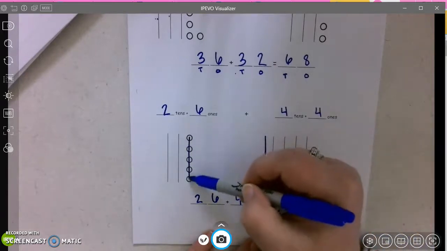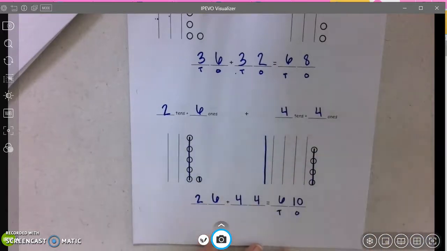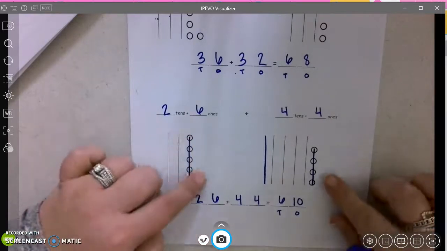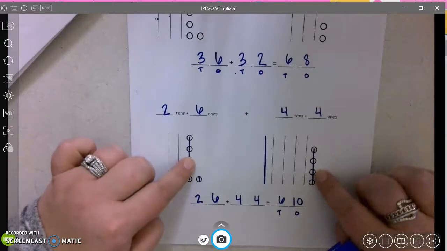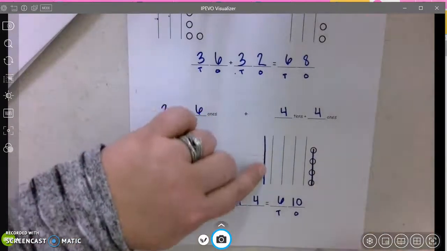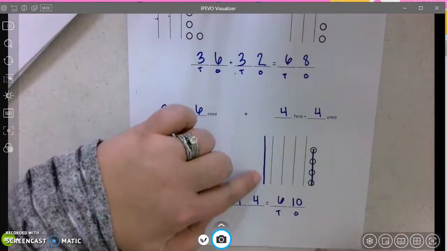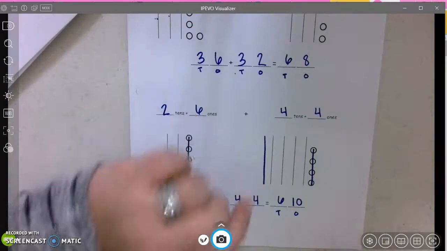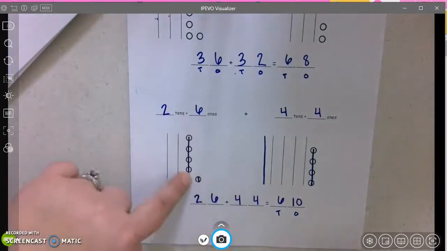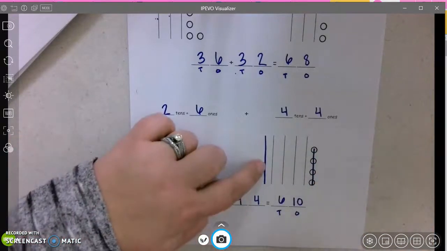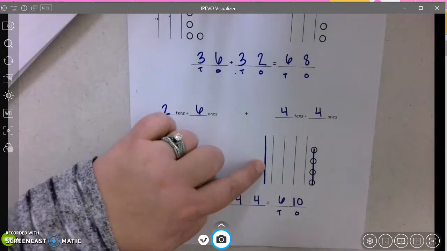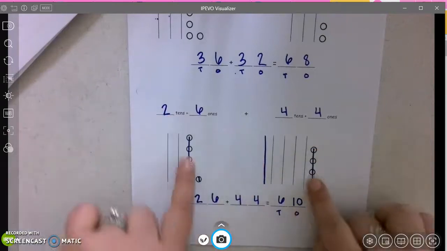So I'm crossing off the bits to show that I no longer have bits, but I made a stick right here. Okay? So if I no longer have bits because I stuck them all together and I made a stick, I no longer have bits.